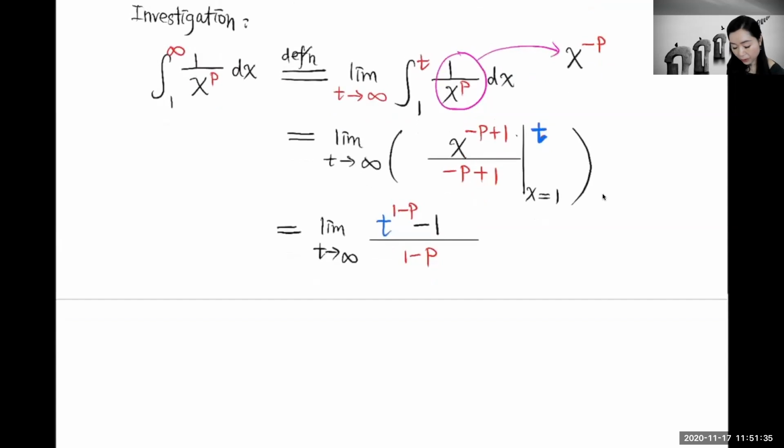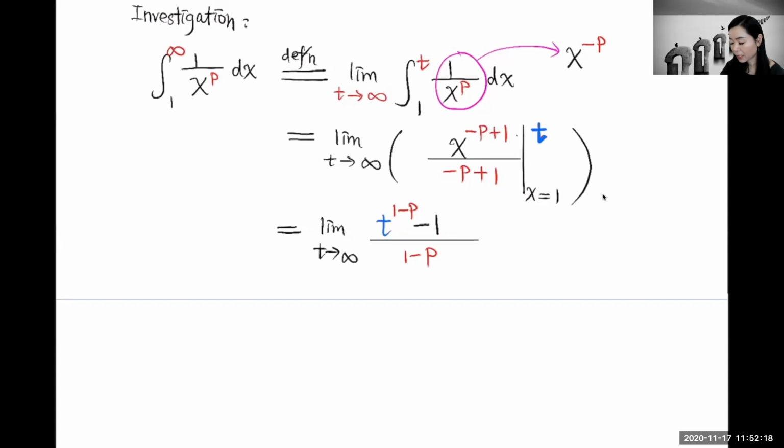If this limit is equal to a real number, if it exists, then this integral will be convergent, right? It will be finite. Take a look at this limit: it is a finite number if the limit of t to the 1 minus p is finite, because the rest are just constants, right? 1 and 1 minus p are constant. So it all depends on t to the 1 minus p.